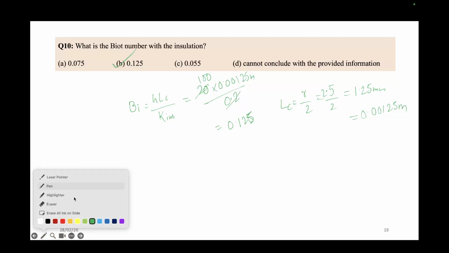So now we'll move to some sub-fundamentals of convection and convection heat transfer. How they are correlating with each other and why they are important.